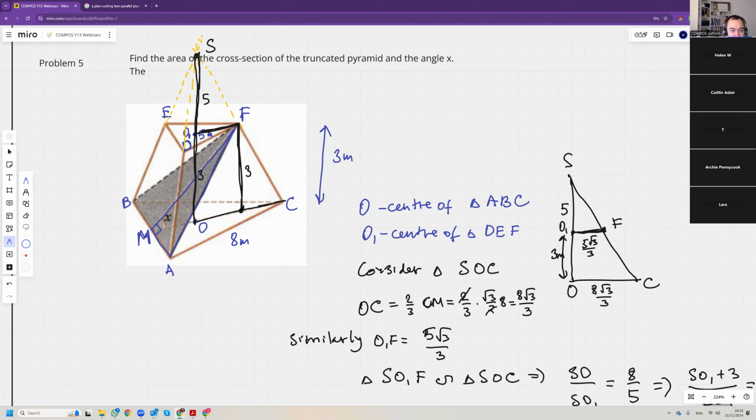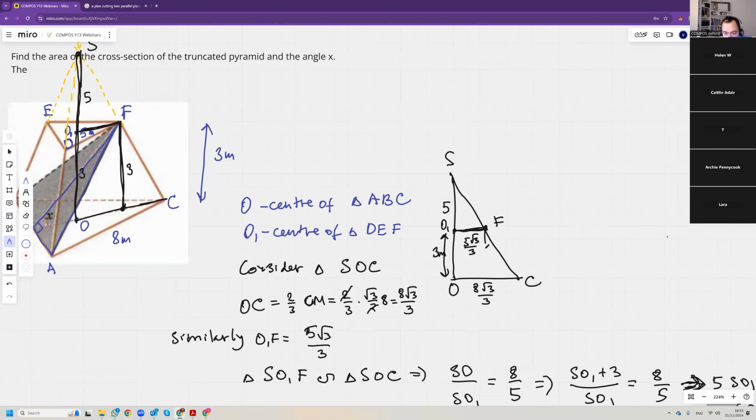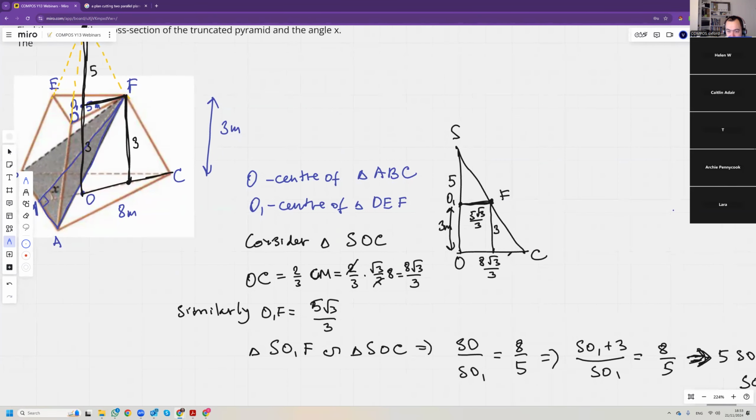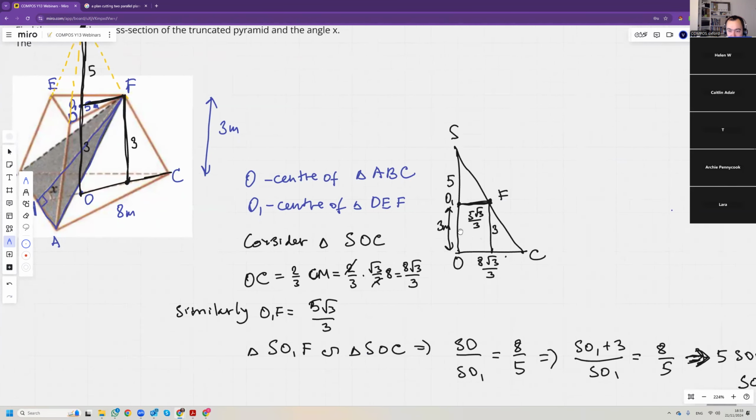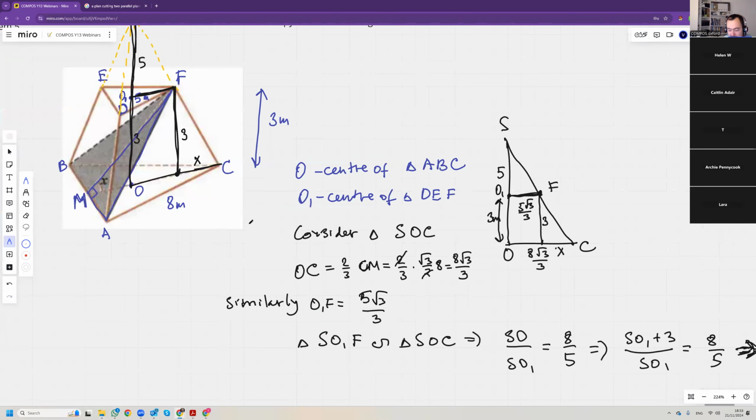And, of course, if this is 3, we can find this side because they are proportional. 3 to, let's say, x. Oh no, we already have x. Can't use x, apologies. Let's call it CN.